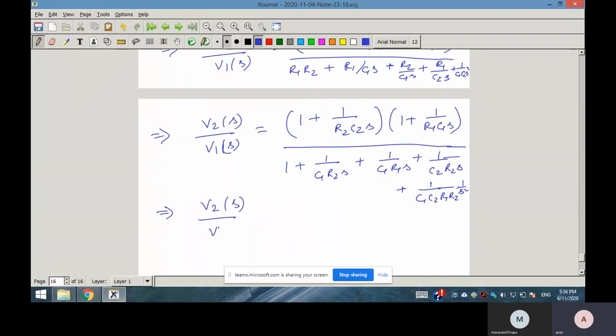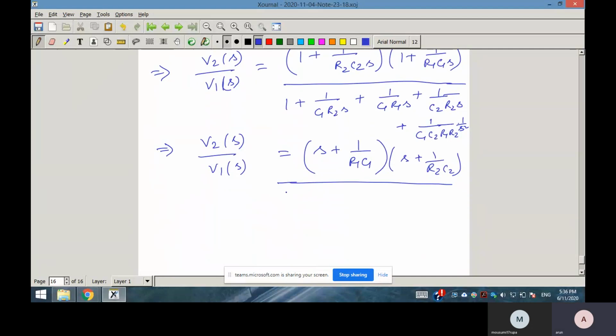So it will come out like this: (s + 1 by R1 C1)(s + 1 by R2 C2) divided by s square plus s into (1 by C1 R1 plus 1 by C2 R2 plus 1 by C1 R2) plus 1 by C1 C2 R1 R2.